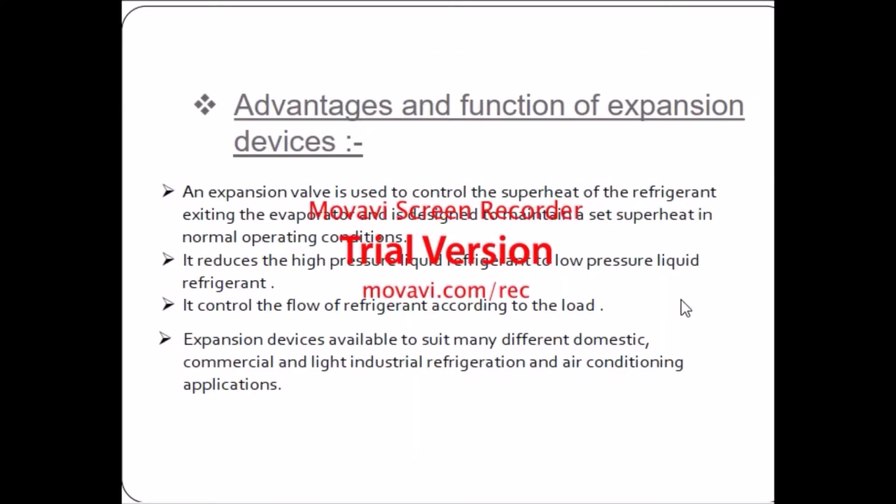Okay, we go to the advantages of the function of the expansion device. The first one: an expansion valve is used to control the superheat of the refrigerant exiting the evaporator and is designed to maintain a set superheat in the normal operating condition.